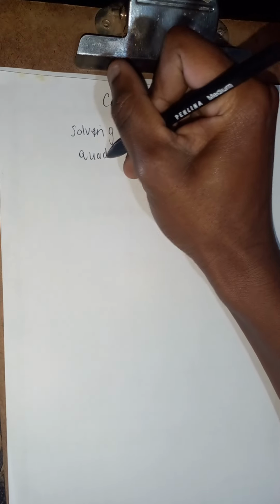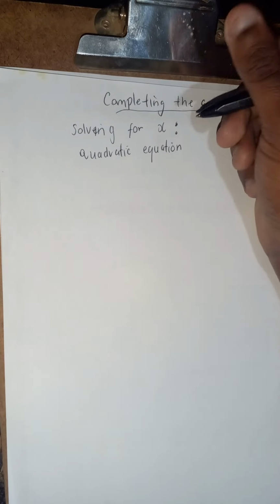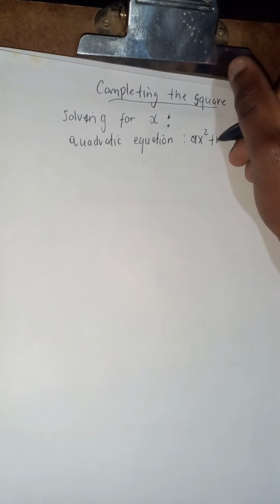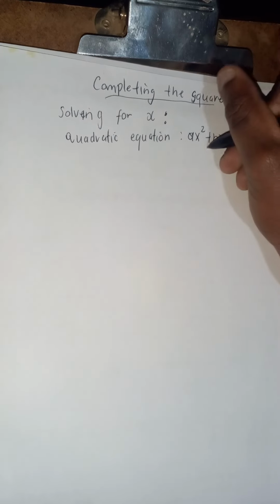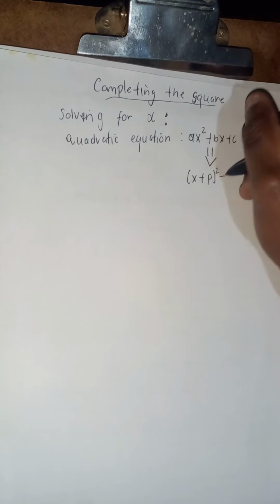Basically, completing the square is just a method of solving for x. So it's a method where the main aim is to reduce, or rather to transform, a quadratic equation from the form of ax squared plus bx plus c into a form of (x plus p) squared plus q.